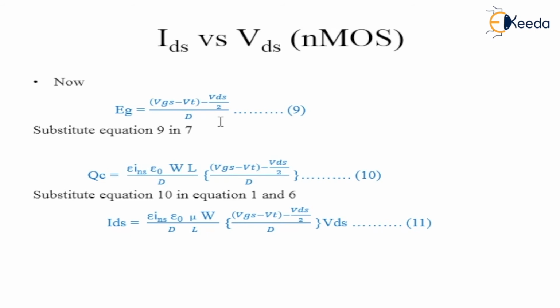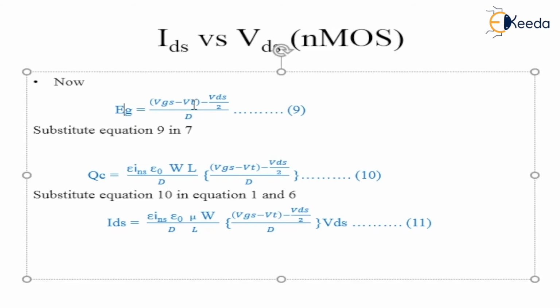So I repeat here, Eg is nothing but V by L is our formula. E is equal to electric field, E is equal to V by L. In the place of L, since L is a linear dimension and D, the oxide thickness, is also a linear dimension, that's why I took D here in the place of L. In the place of V, I took VGS minus VT minus VDS by 2.